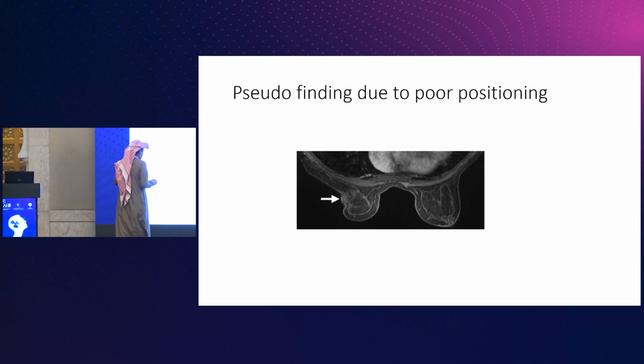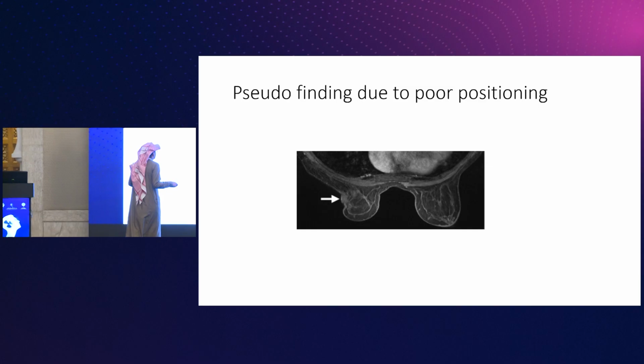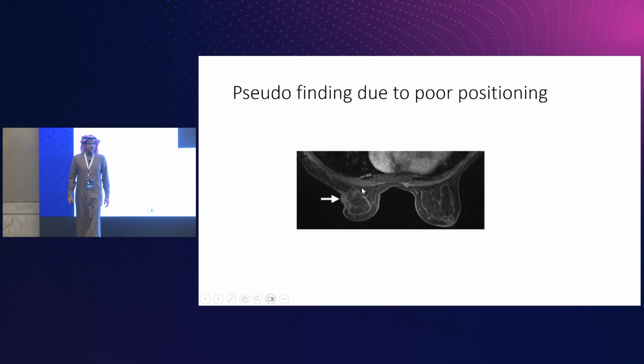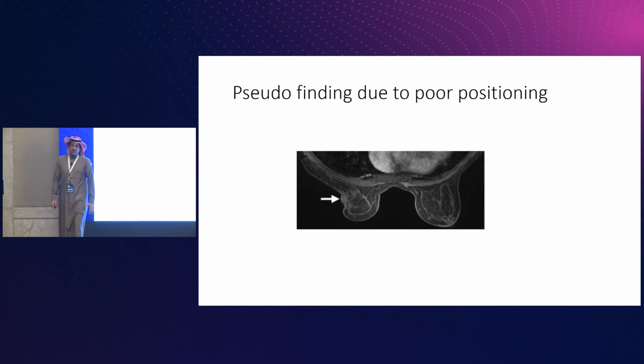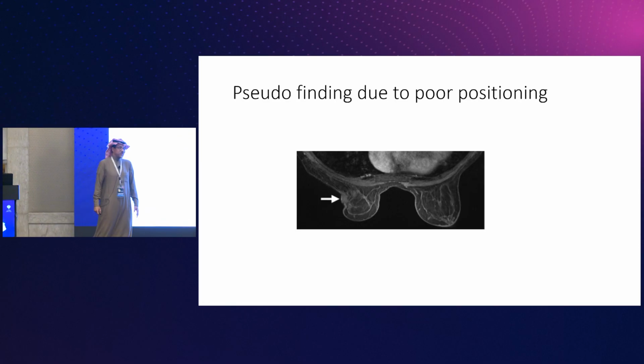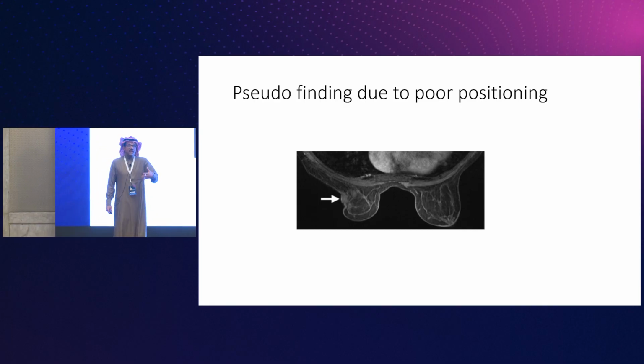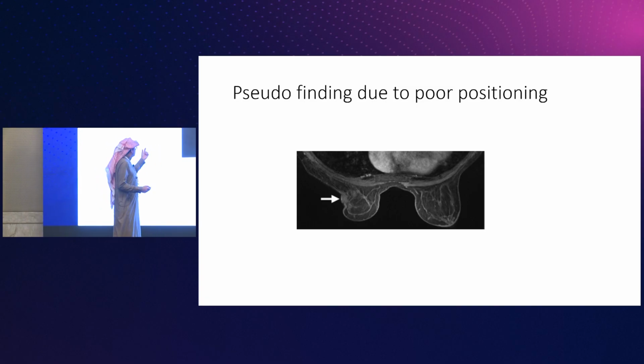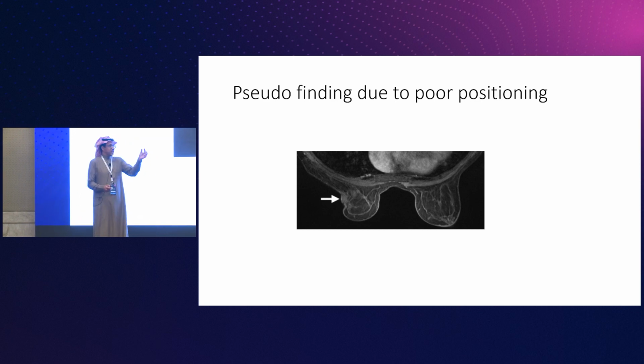This one was considered cancer. This was diagnosed as cancer. But there was a doubt. With the clinical correlation, the patient and the doctor cannot feel it. So they said, how come it's close to the skin and we cannot feel it?